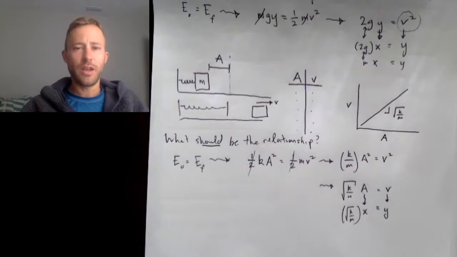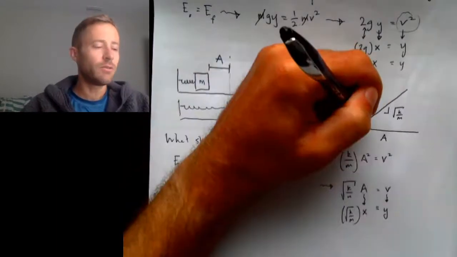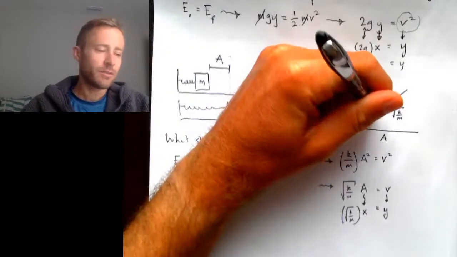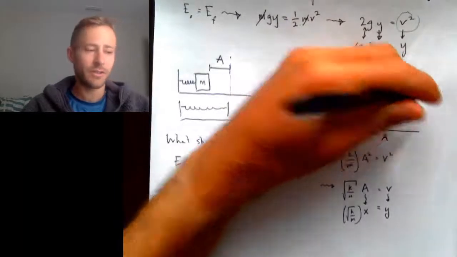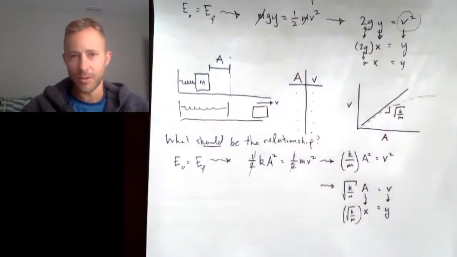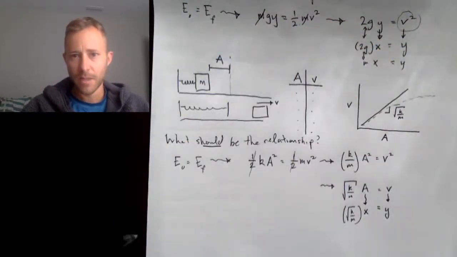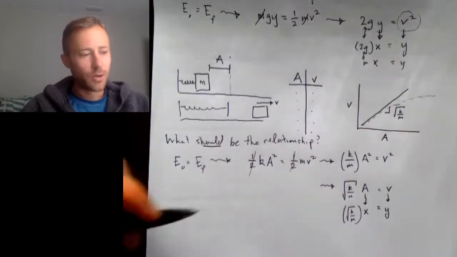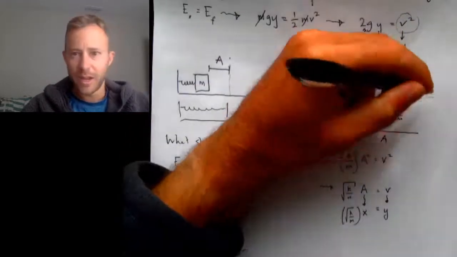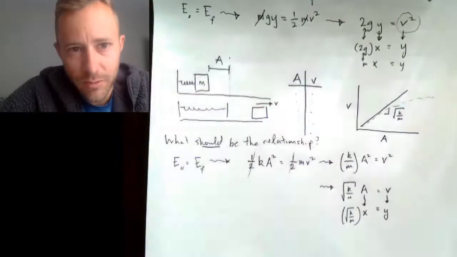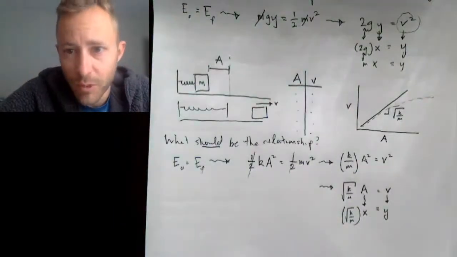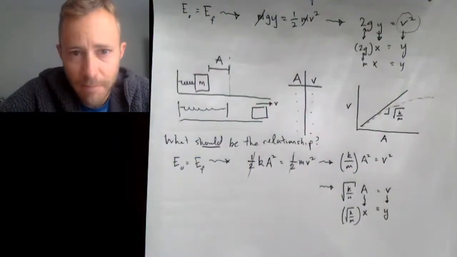Now, what would you say if this data didn't look like a line? Maybe it looks like this. In fact, I think if you actually did the data, it would probably look like this, okay? So this means that the data deviates, it's different from what you expect, okay?